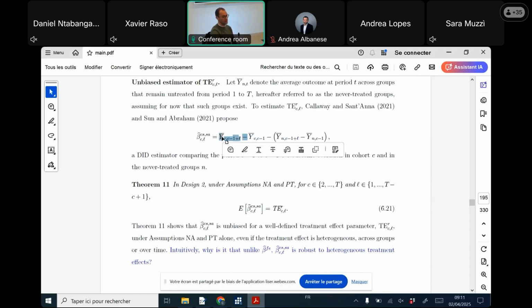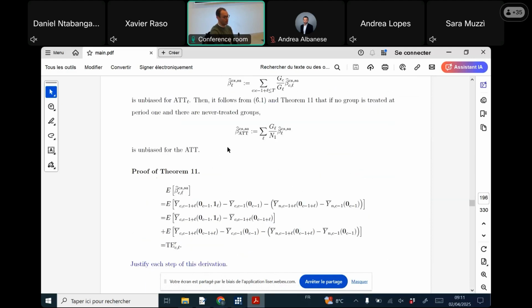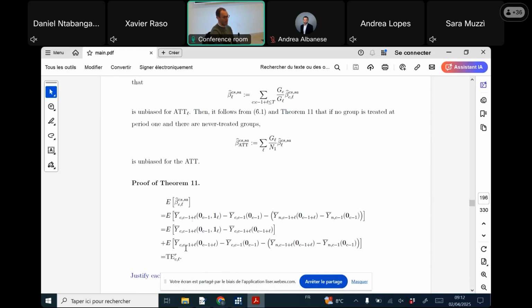There is just this one here that's actually an outcome with treatment, an outcome in the counterfactual where you're untreated for C-1 period and then treated for the L periods after that. Okay, so that's how we go from here to here. Then we do our usual trick of adding and subtracting an untreated counterfactual outcome.